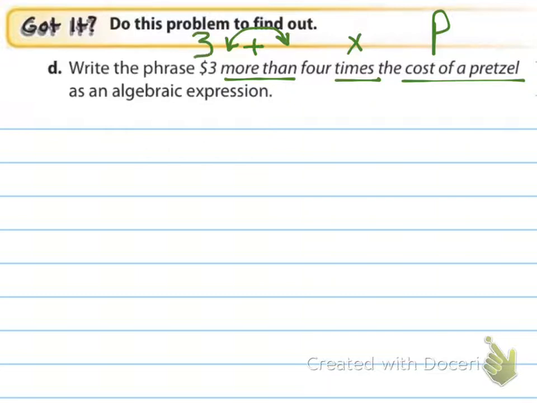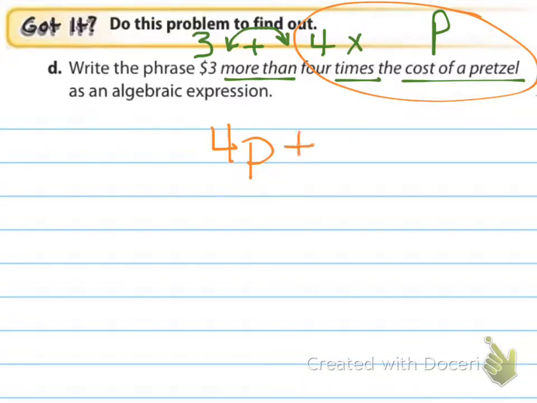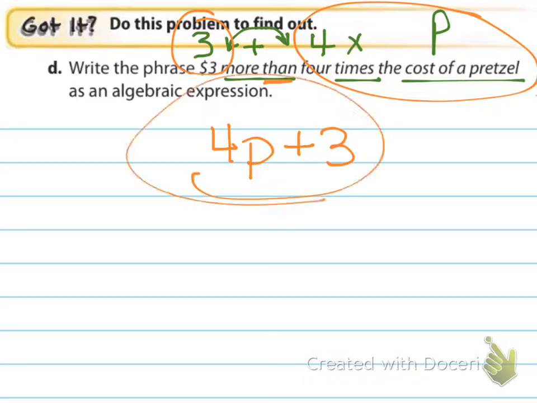So we've got 3 plus, with the flip-flop, 4 times P. So rewriting that because of the flip-flop, I know that this side right here is all together 4 times P plus, and here's my other side of my flip-flop, 3. So $3 more than 4 times P is 4P plus 3. Of course, you can do 3 plus 4P, but I'd like for you to get in the habit that when you see that trick word than, it's telling you to do the flip-flop.